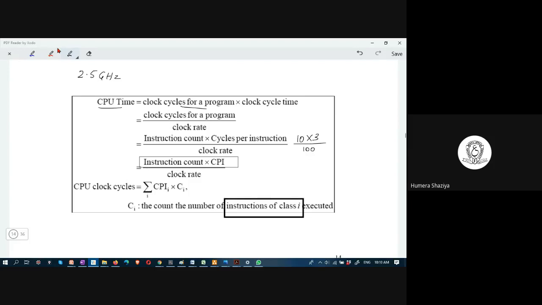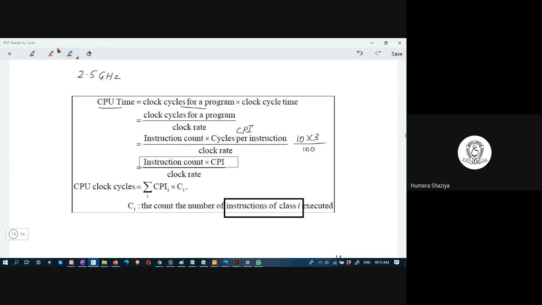This cycles per instruction can be written in the form of CPI, which is equal to the sum over i of CPI sub i into C sub i.